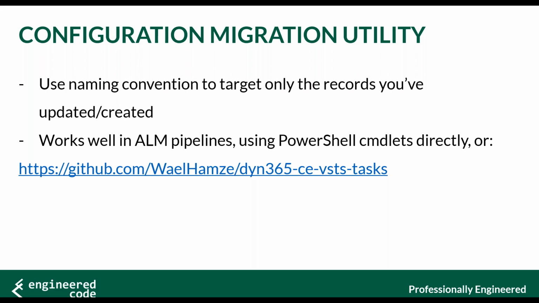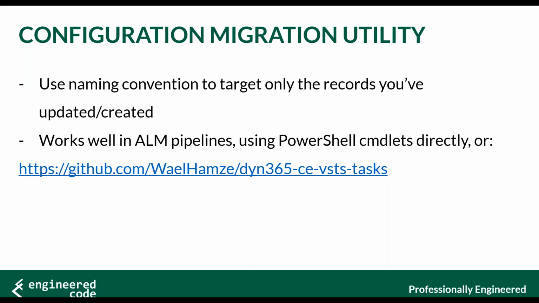And then when we start changing those, we add entity lists, we add entity forms, we change things around. Rather than moving all of that data, so rather than moving the website record and all the web pages, the home page, all that sort of stuff, if it's something that we haven't changed, we prefer to leave that out of our ALM process.